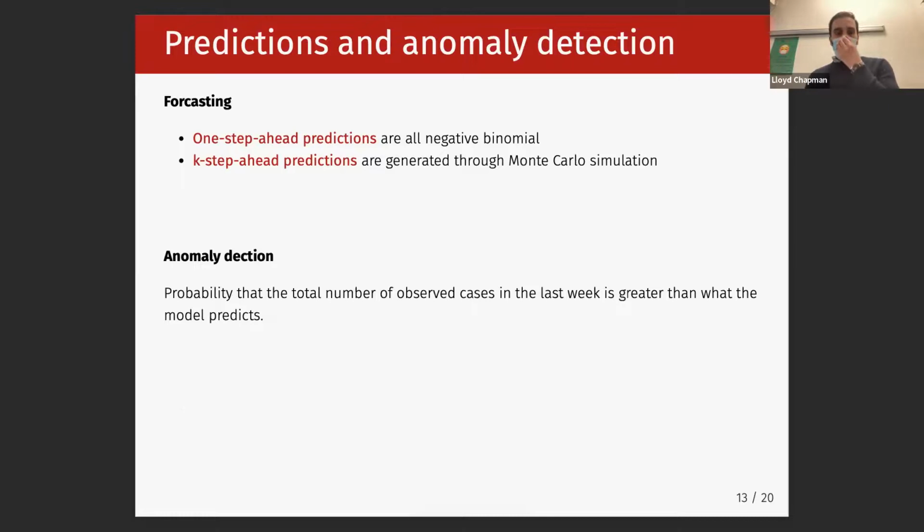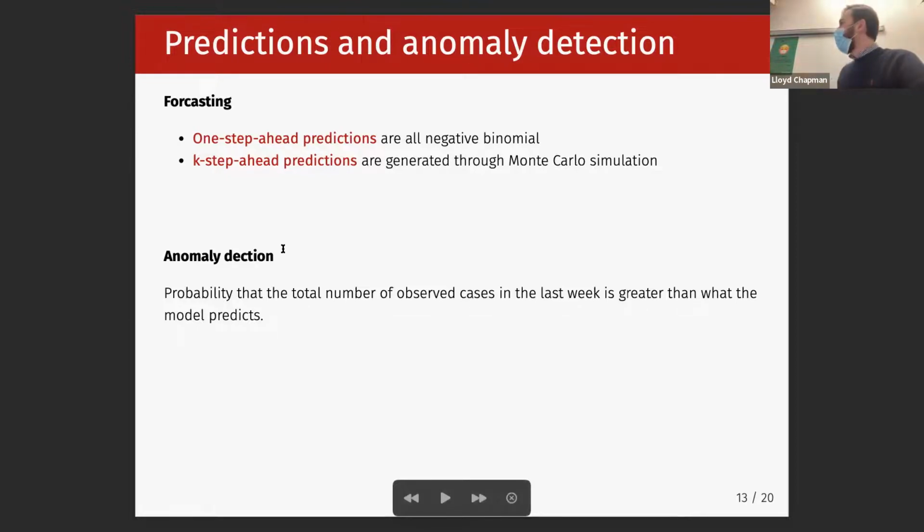One of the main outcomes we were interested in was short-term predictions, to predict a few days ahead. This is fairly straightforward with this model, because one step ahead predictions are all negative binomials. So to do k step ahead prediction, you can just use Monte Carlo simulation and sample from the predicted distribution at any time point.